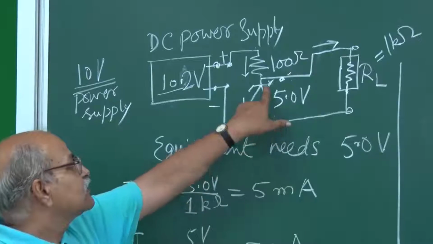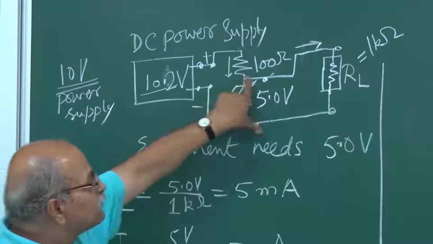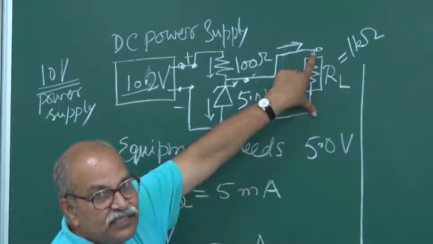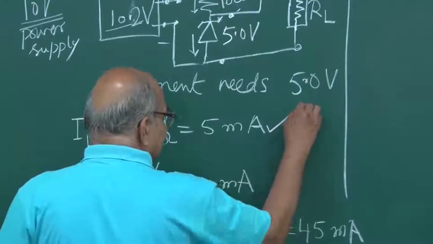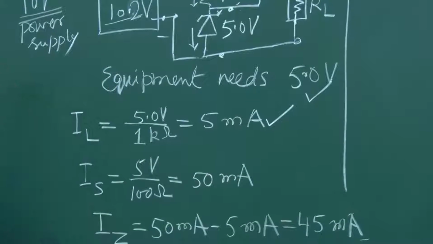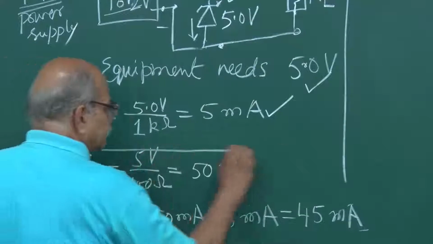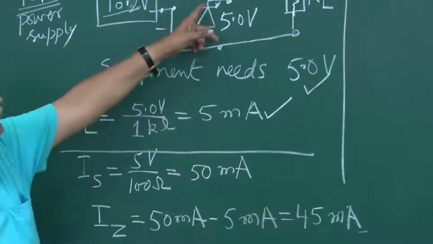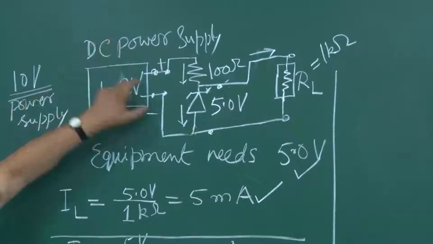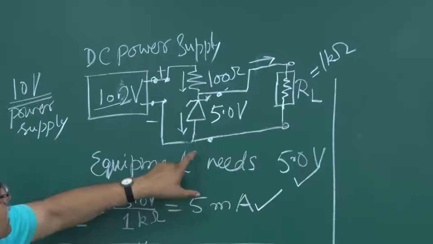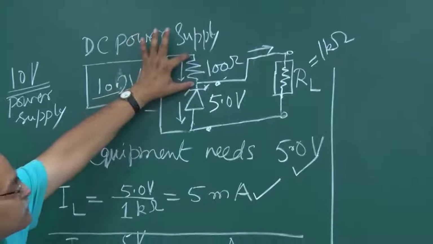Now this is 5.0 volt, no change, and therefore the current here is 5 milliampere. Up to here everything is fine. There will be a change in IS. What is IS now? How much is the voltage here? This is 10.2. Out of this, 5.0 is here. So what is left? It is 5.2.